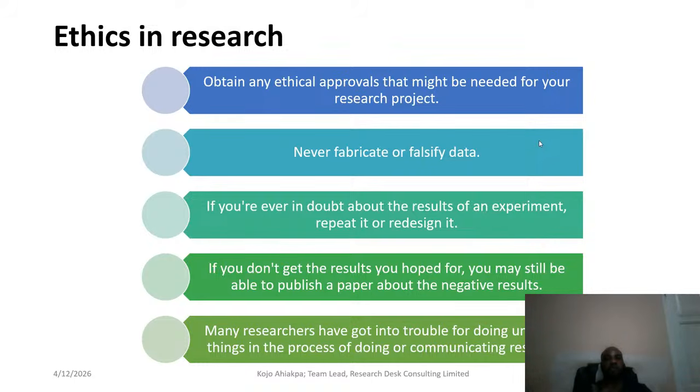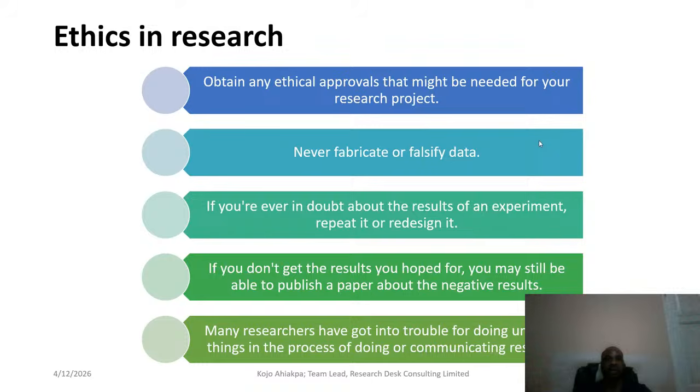If your data collection involves speaking to or using sensitive research subjects, for instance, you're going to work with children, with women, vulnerable groups, or people with disability, we consider these people to be very vulnerable in society. Or you are going to work with animals, especially animals that are almost extinct.